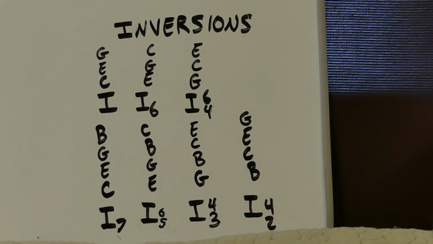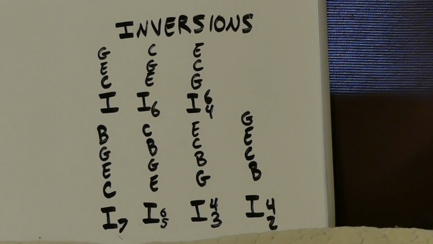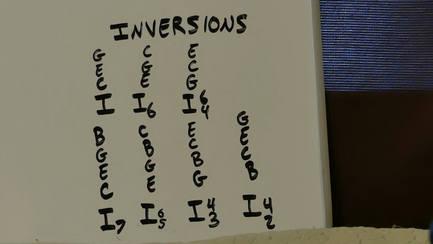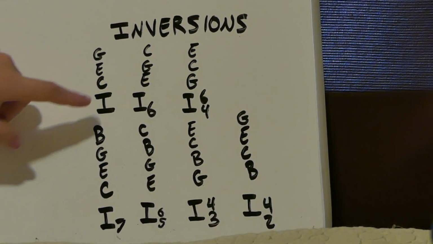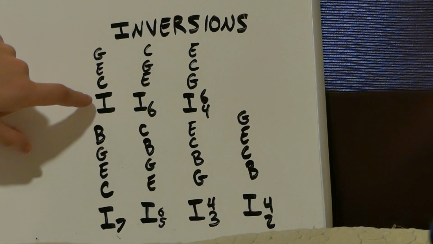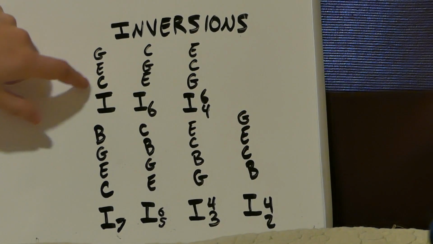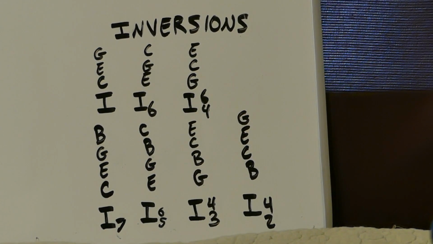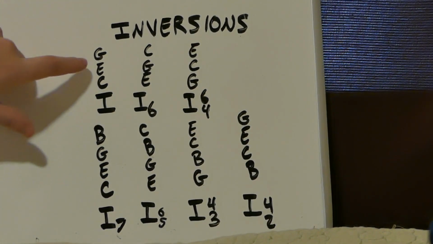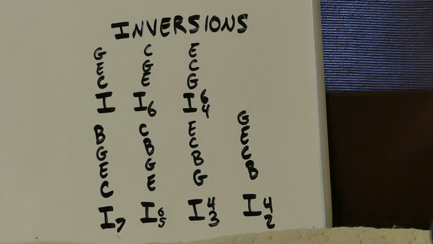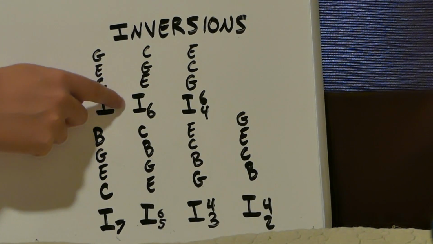So the first triad we have is our C major triad, and the root note is C. But if we play it so that we use these exact same notes, but the E is on the bottom, we have our first inversion, which is denoted by 1, 6.